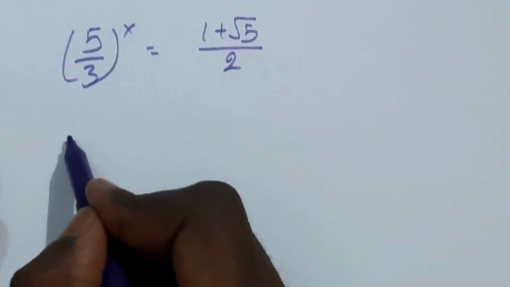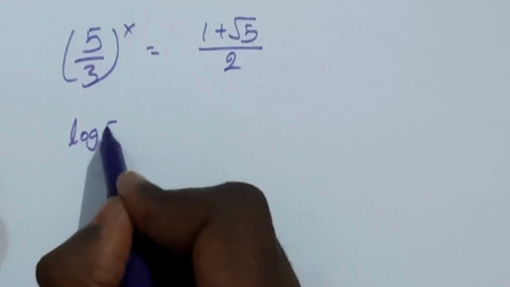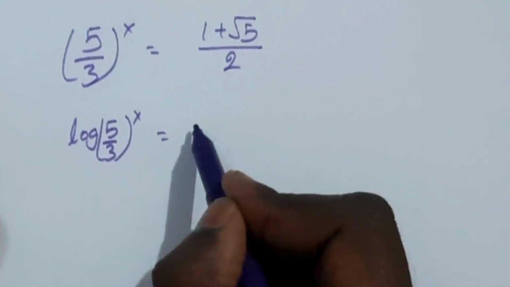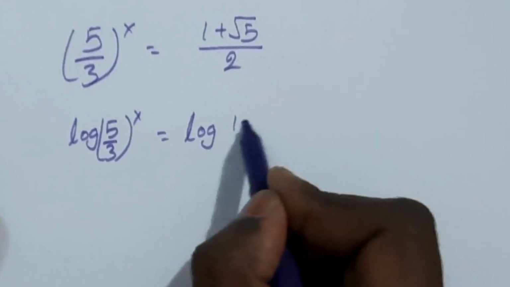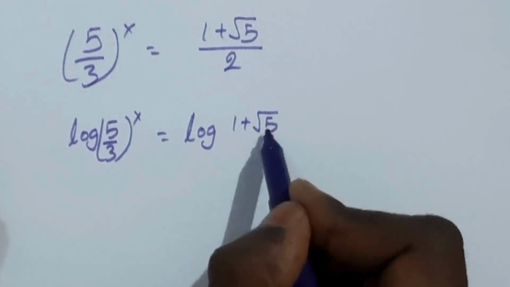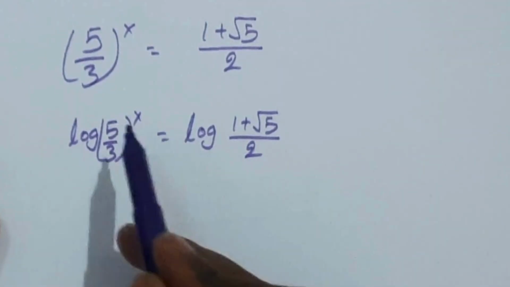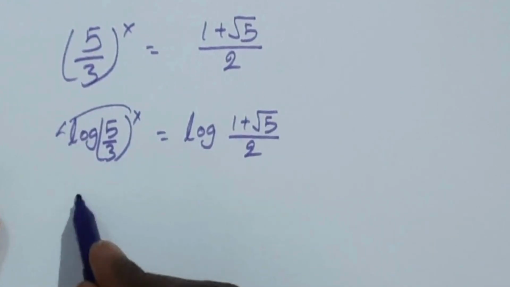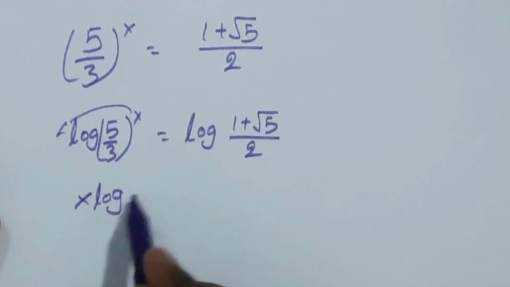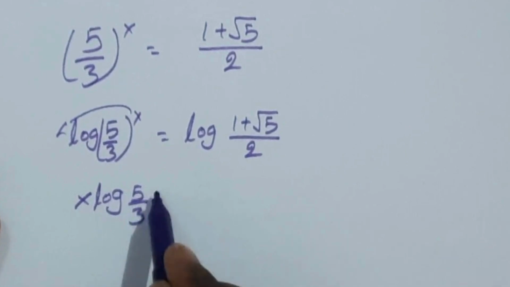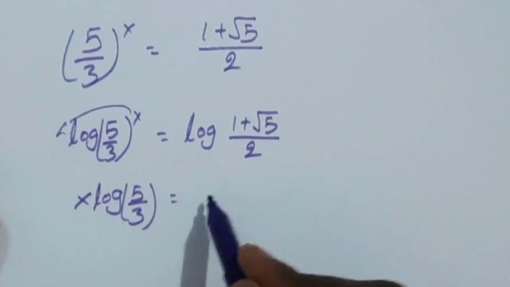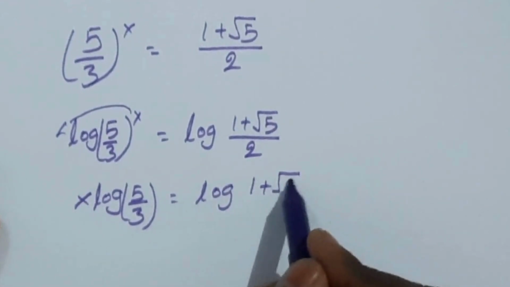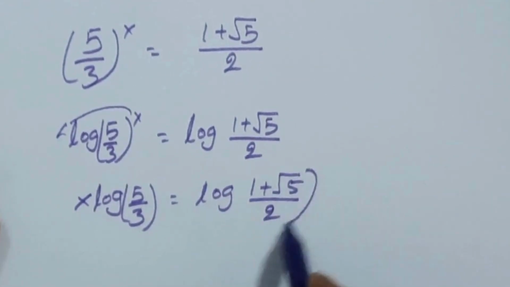Take a log on both sides. Log (5/3) whole power x equal to log of (1 plus square root of 5) by 2. As per the log power formula, this comes here. So x log (5/3) equal to log of (1 plus square root of 5) by 2.